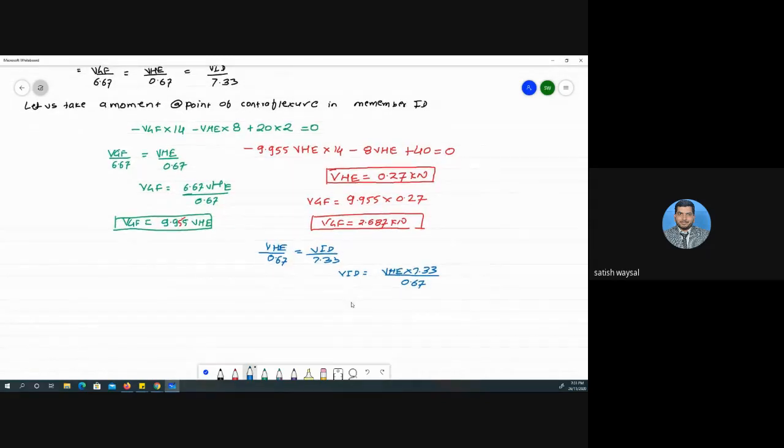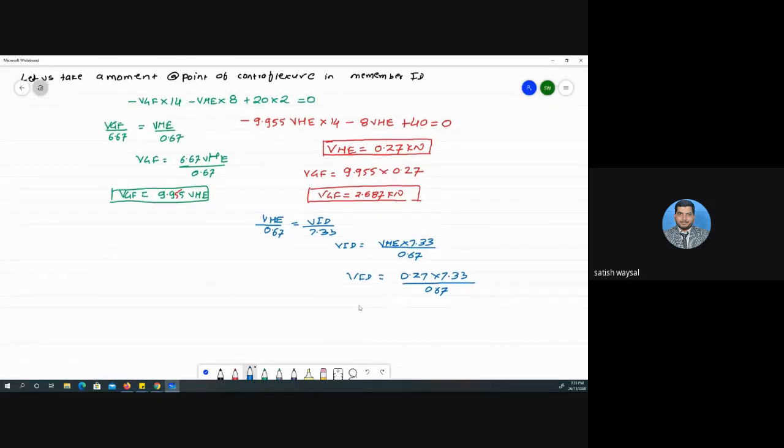Just put all the values. VID is equal to VHE, which is 0.27, into 7.33 divided by 0.67. VID is equal to 2.95 kilonewton. Very good.